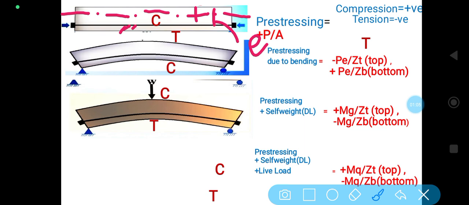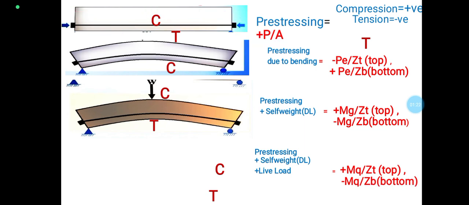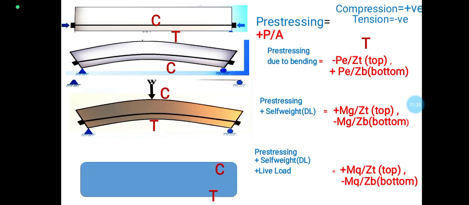While considering the pre-stressing process, the stress which is generated entirely due to the pre-stressing is designated by P by A, which means the sign convention for compression is considered to be positive and the sign convention for tension is considered as negative.